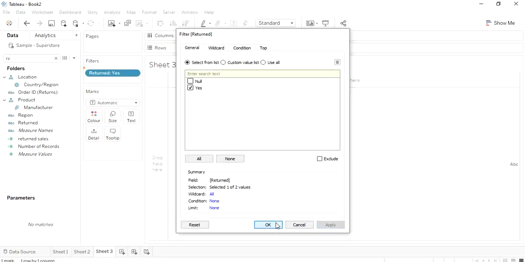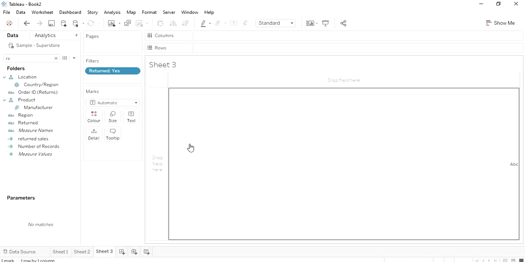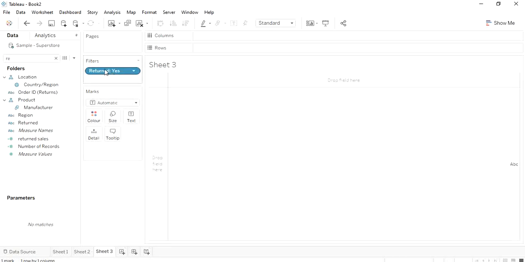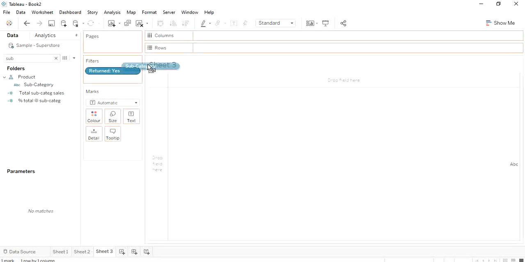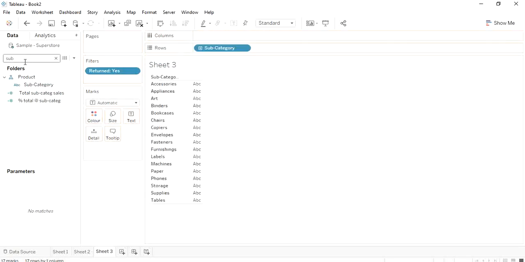We have observed that sometimes the calculations don't give correct results, because this is coming from the second table, my right table. So I'm going to look at subcategories and sales.